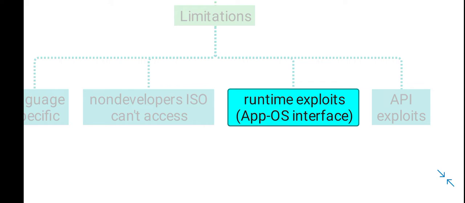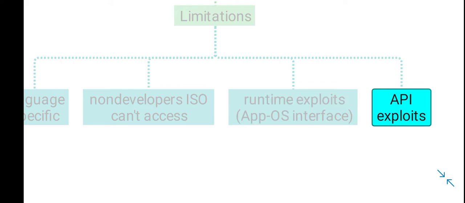Since you have not deployed the application, such exploits remain undetected. Similarly, the application programming interface related exploits are also undetected, since you have not performed any integration with any other system or application.